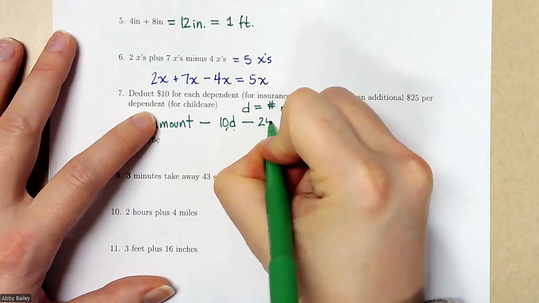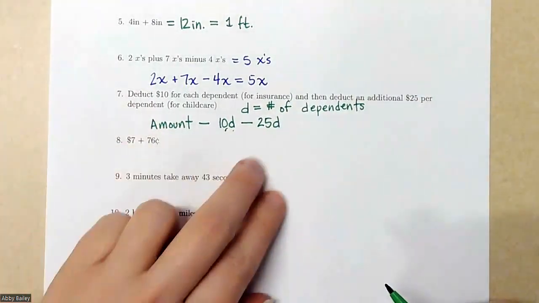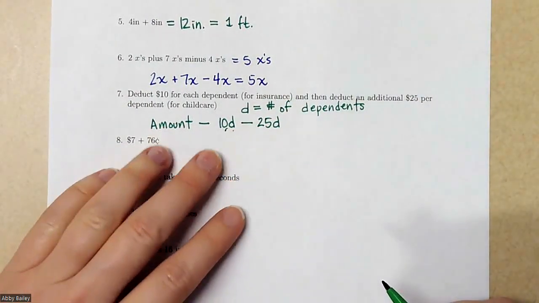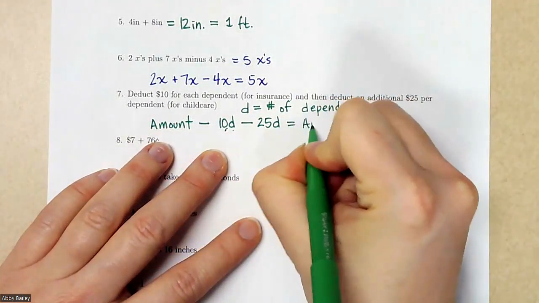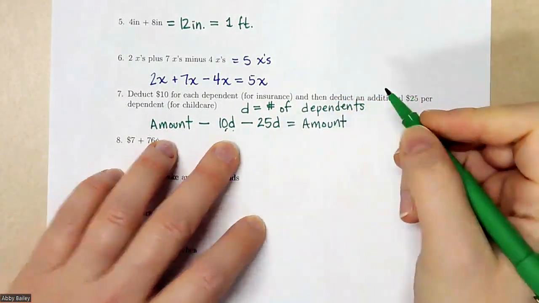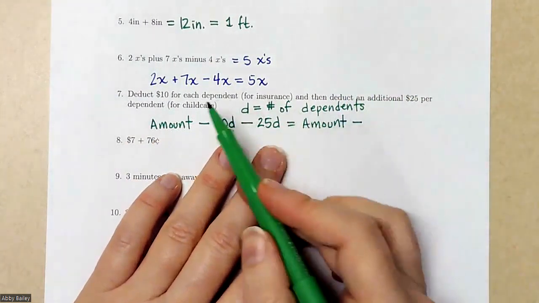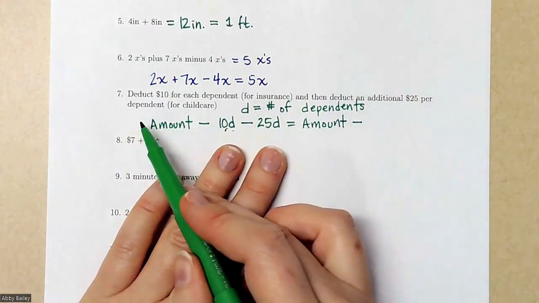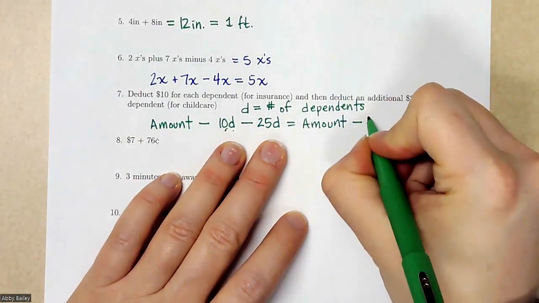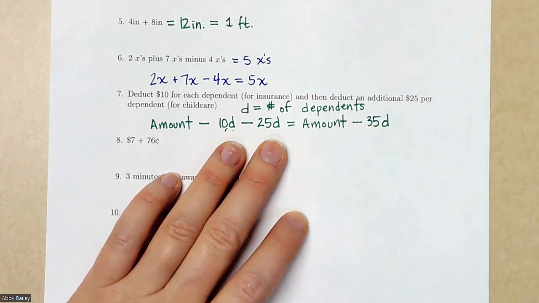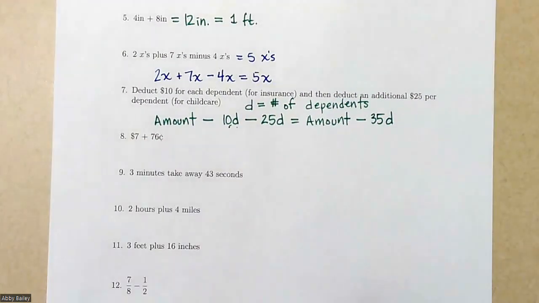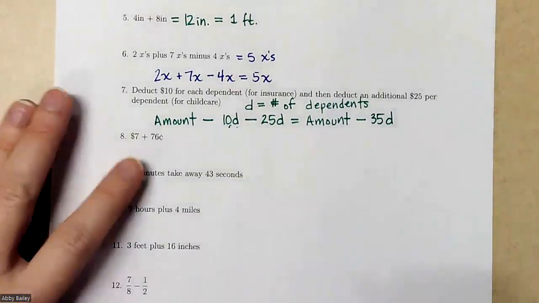Okay, so like that. So it looks to me like we would have whatever the initial amount was, but take away, I mean, if we deducted 10 for each dependent and 25 for each dependent, really we are deducting 35 for each dependent. Okay, let's see.